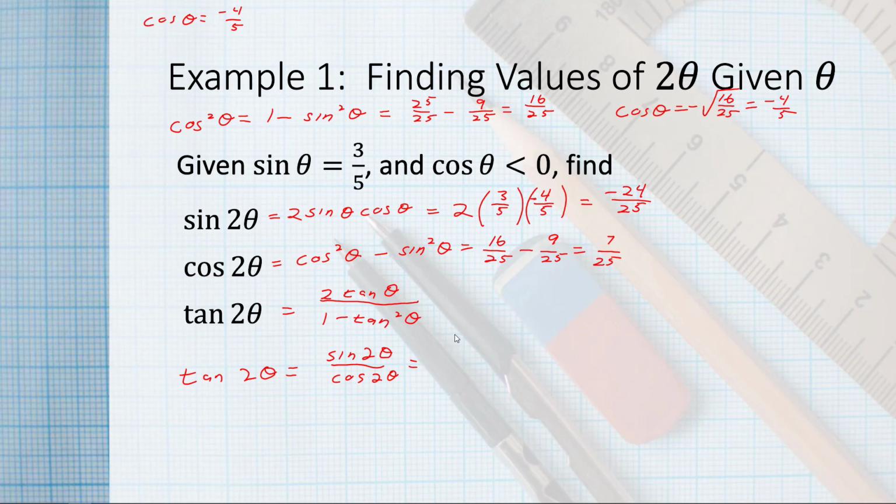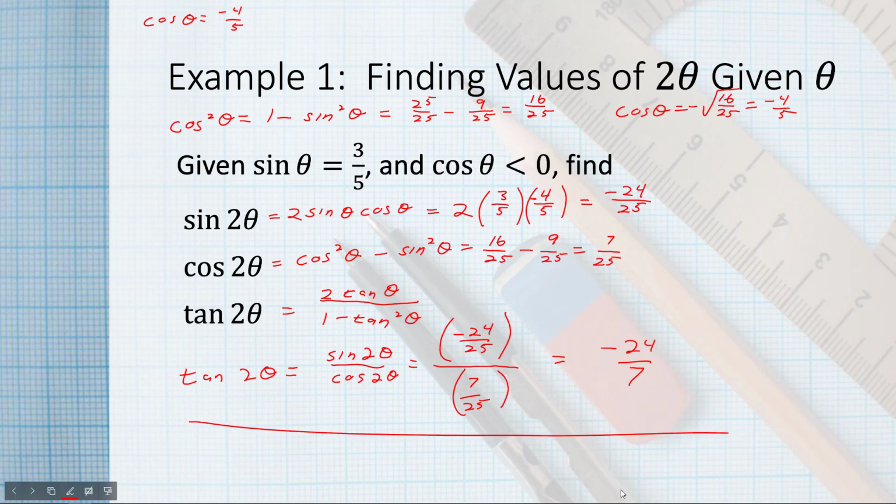Sine of 2 theta is negative 24 over 25. Cosine of 2 theta is 7 over 25. Therefore, tangent of 2 theta is negative 24 over 7. So even though you have that identity at your disposal, since we already know what sine 2 theta and cosine 2 theta are, it's a lot easier just to use this route.